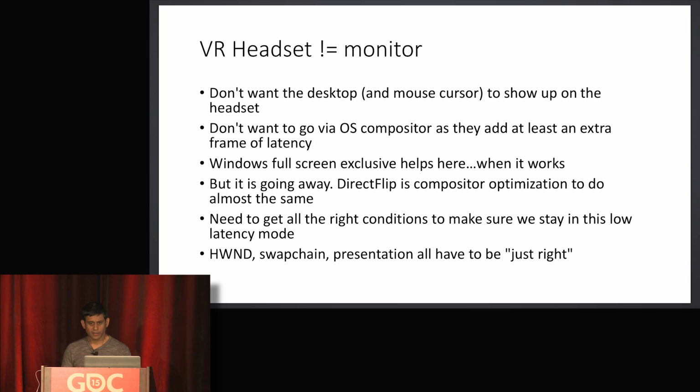On Windows, going into full screen exclusive mode helps, only when it works though. Also, it's being phased out. And so basically, it takes a lot of care and feeding to get to low latency, and it's not even always guaranteed. So this has been a tricky aspect of doing VR on existing operating systems.